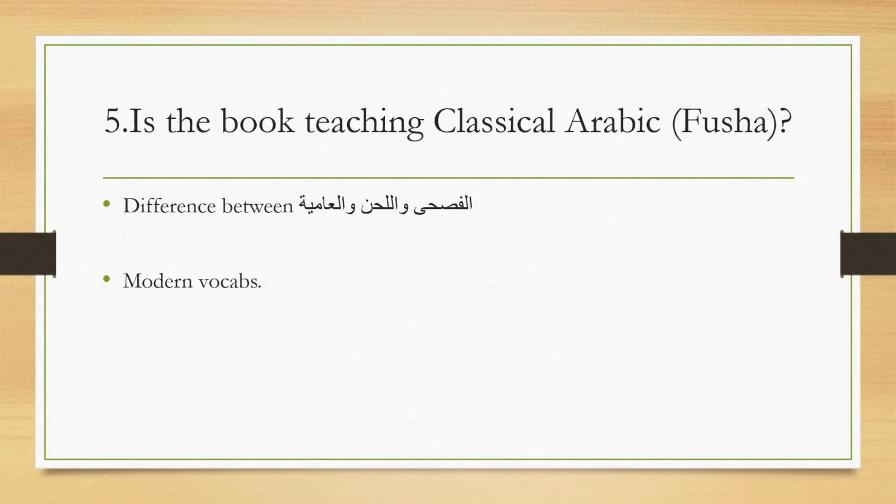Al-Fusha is from أفصح يفصح, أفصح يفصح, meaning to express something. When I say أفصحت عما في صدري, I expressed what is in my chest. I expressed it. So al-Fusha is used for the Arabic that was spoken at the time of the Messenger sallallahu alaihi wasallam, at this time and before this time. Not after a lot of non-Arab people started to accept Islam and started to speak Arabic.